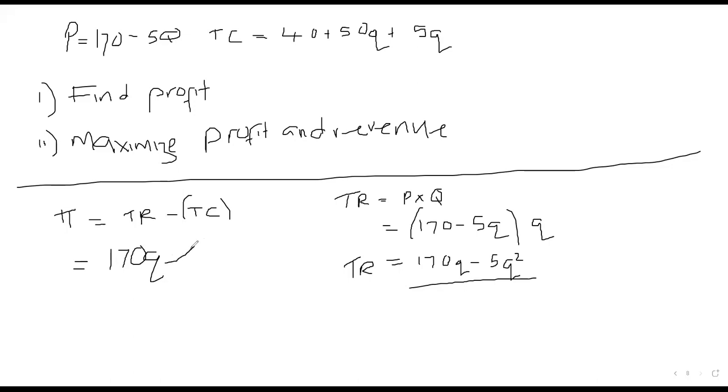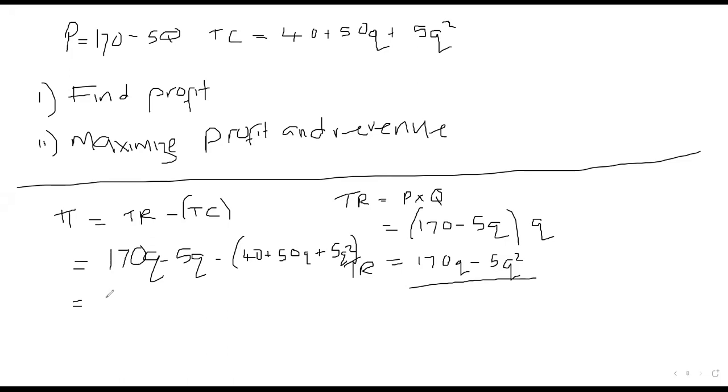Right, so we have 170Q minus 5Q squared. So this is the total revenue. And the total cost is already given as 40 plus 50Q plus 5Q squared. So what does this negative do?